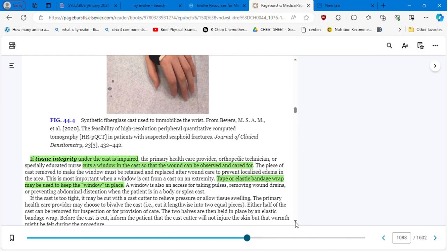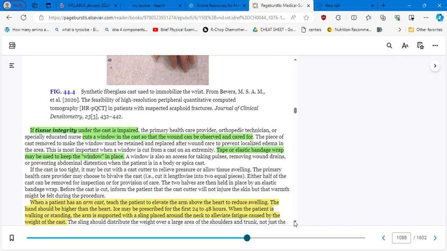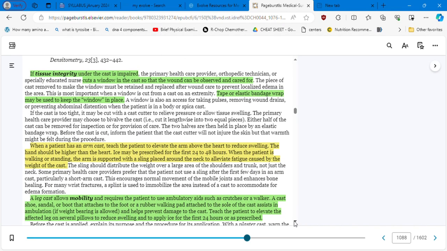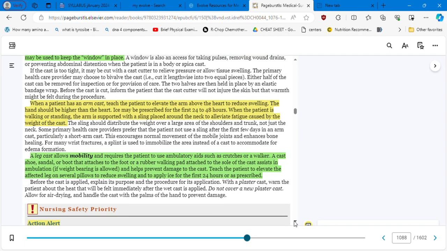If tissue integrity under the cast is impaired, the nurse is going to cut a window in the cast so that the wound can be observed and cared for. And tape or elastic bandage wrap may be used to keep the window in place. So you should be all the time assessing what's going on under the cast, right?